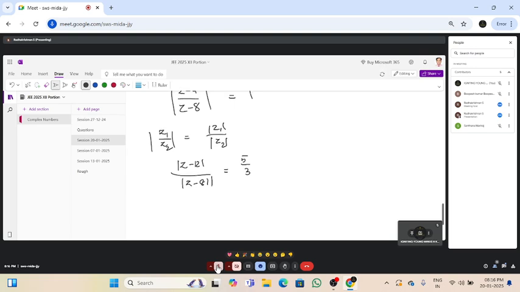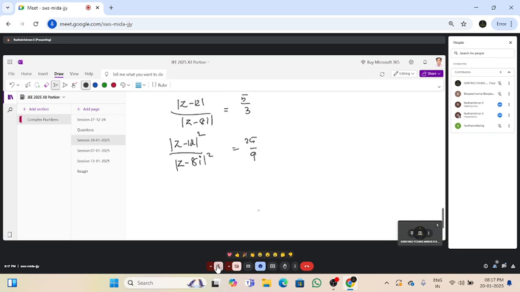So you have to assume Z equal to X plus iY. Square both sides. What you'll get? This is equal to (Z minus 12) into (Z minus 12) conjugate.